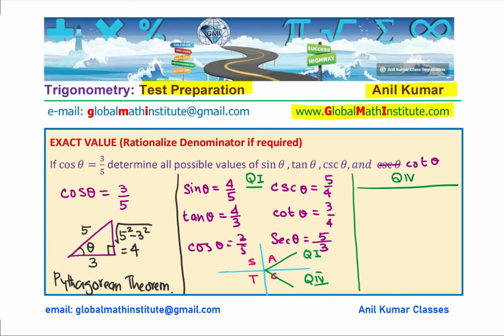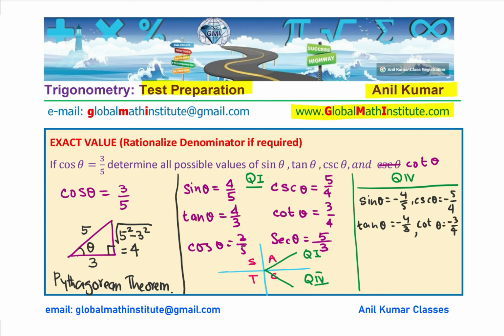So in quadrant 4, the answers will be what? Let me write down those which you will sometimes miss. So we get sin theta in quadrant 4 will be minus 4 by 5, and cosecant theta will be minus 5 by 4. You get the idea, right? Tan theta will be minus 4 by 3. Cotangent theta will be minus 3 by 4.